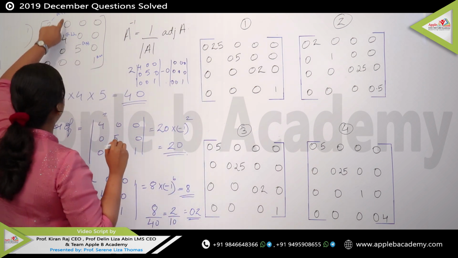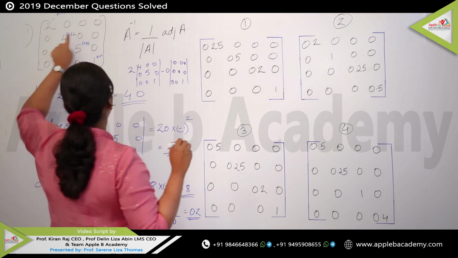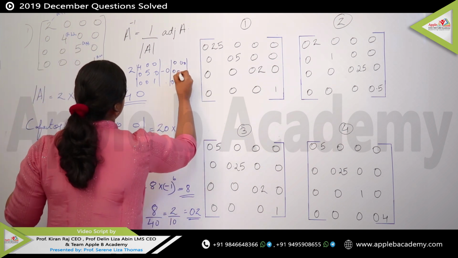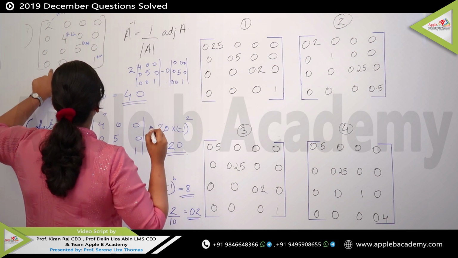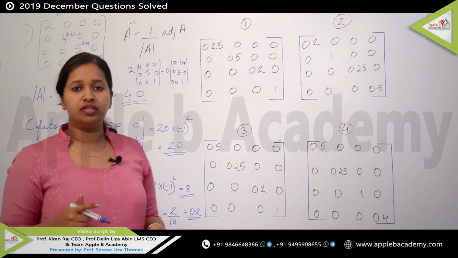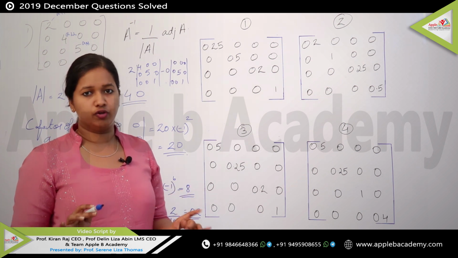Cancelling out this row and column, you get 0 0 0, 0 5 0, and 0 0 1. So this is how we find the determinant of a 4 into 4 matrix.